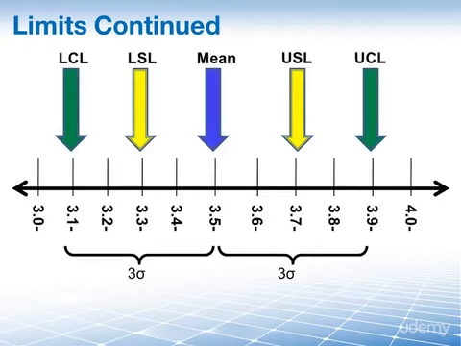Now let's assume that our customer comes back to us and starts tightening their specification limits. So instead of having the yellow specification limits on the outside of the control limits, they're suddenly on the inside. But as you can see at the bottom there, our process still has a normal variation of producing screws that are somewhere between 3.1 and 3.9 grams.